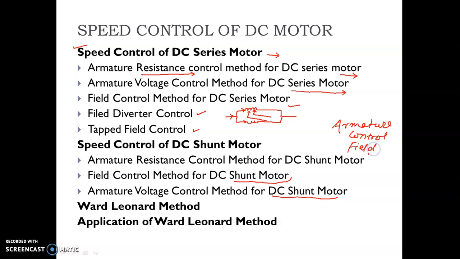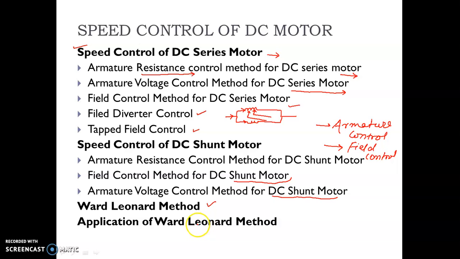In broad classification we can classify by armature control and field control, and the combination of these two is called the Ward-Leonard method. Here armature control is there and field control is also there, so this method is known as the Ward-Leonard method.